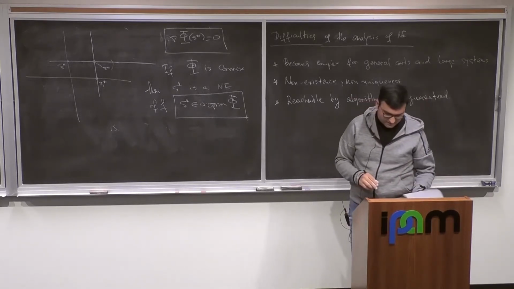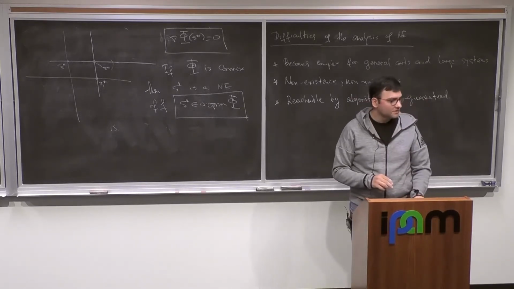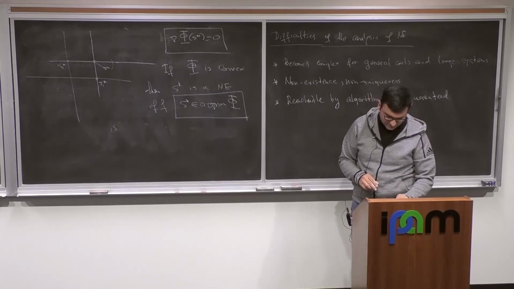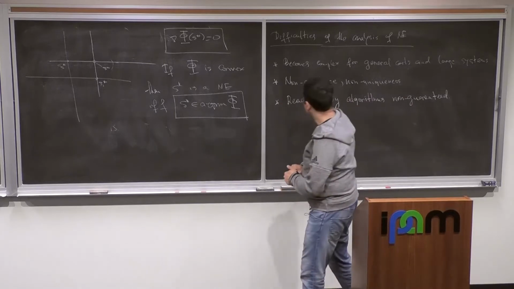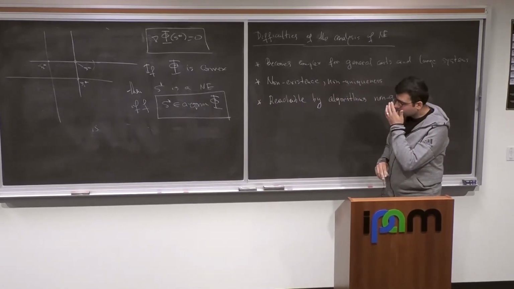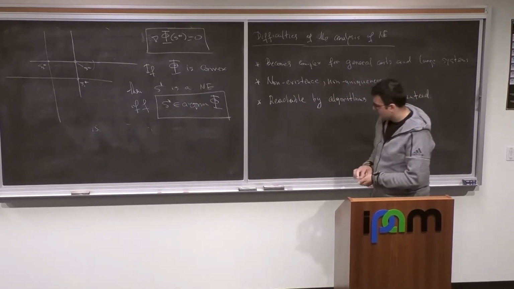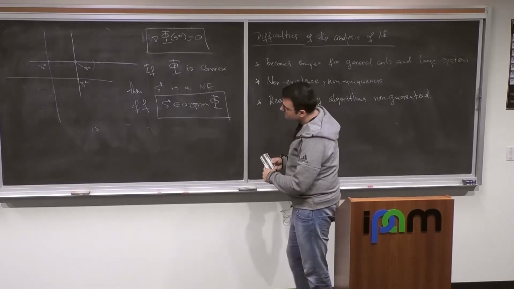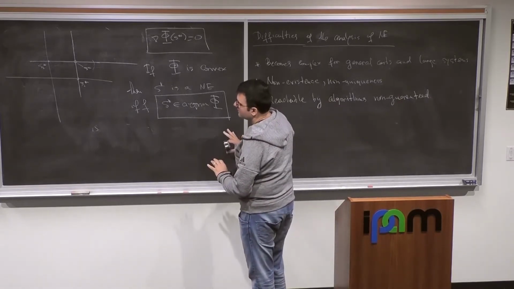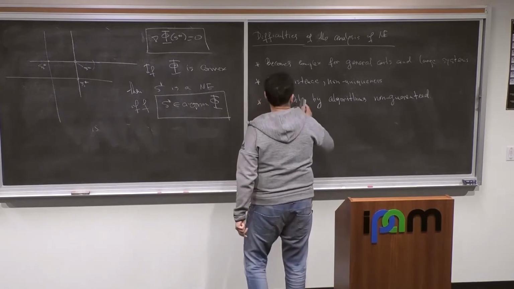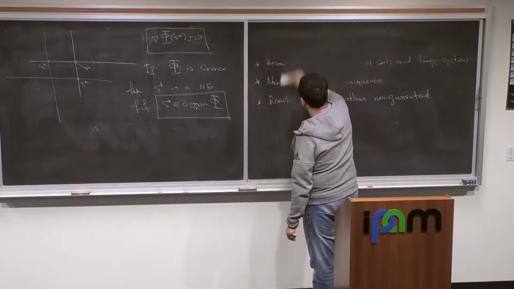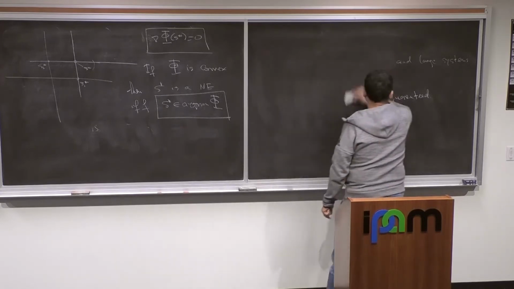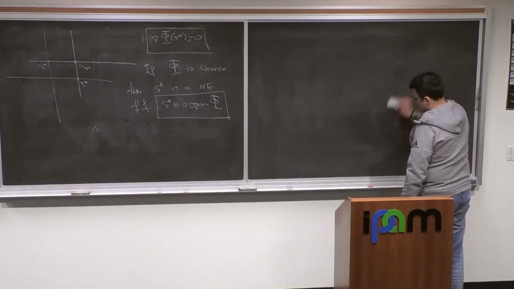Okay. So let me see. I think I have time to tell you one more interesting thing. What are other interesting cases where we can actually tell more? So how can we analyze these systems?